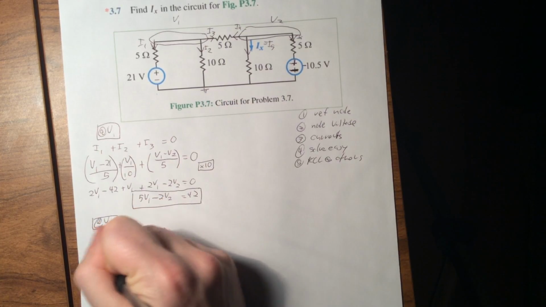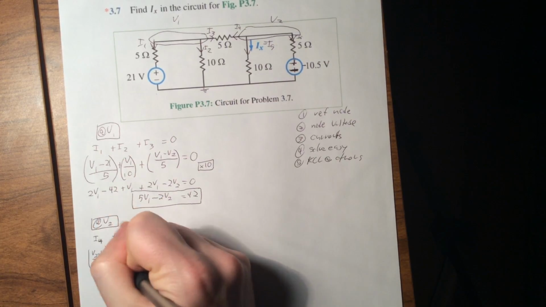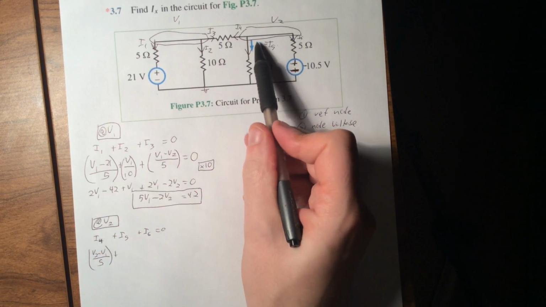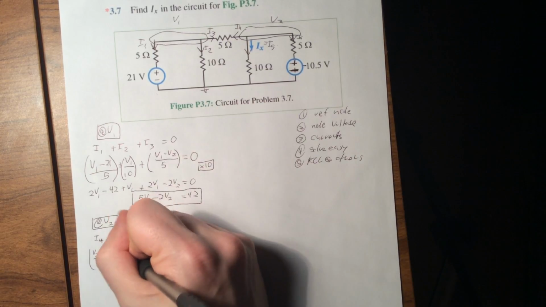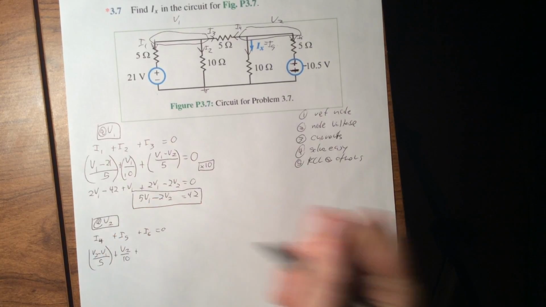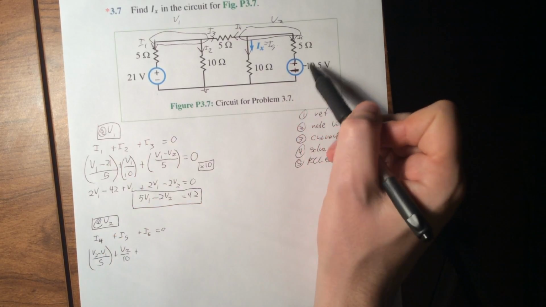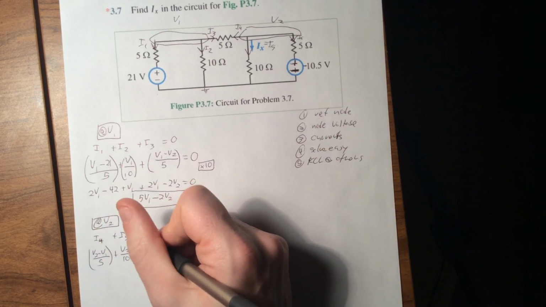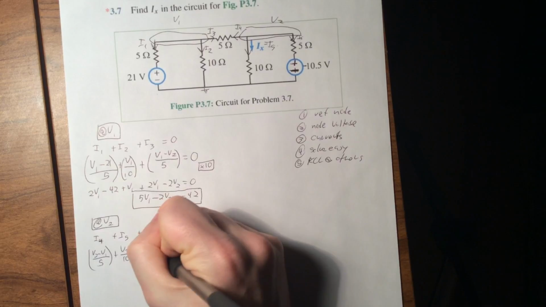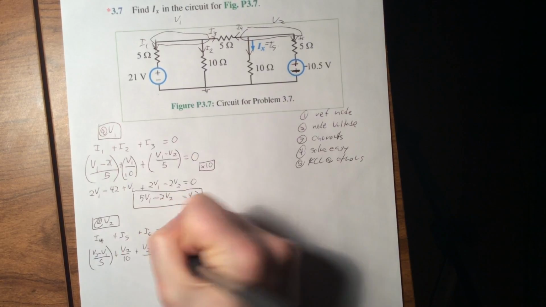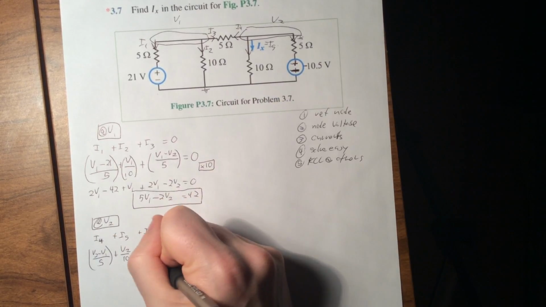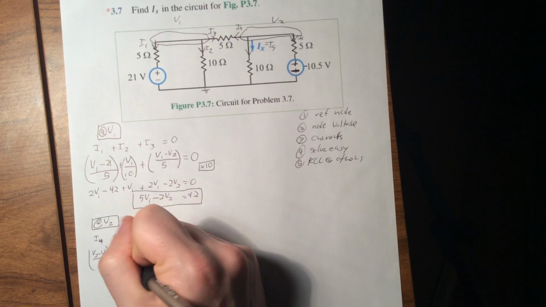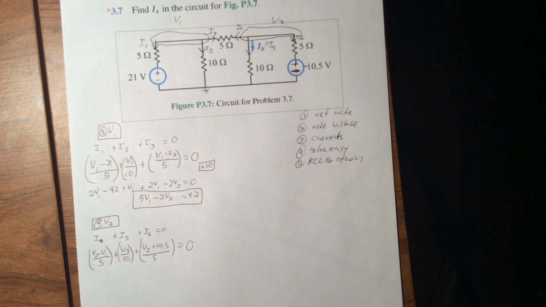Plus V2 minus 0 over 10, so V2 over 10. Plus (V2 minus negative 10.5), so plus 10.5, (V2 plus 10.5) divided by 5. Good. Parentheses there equals 0.